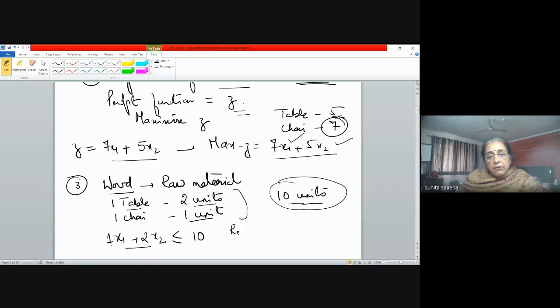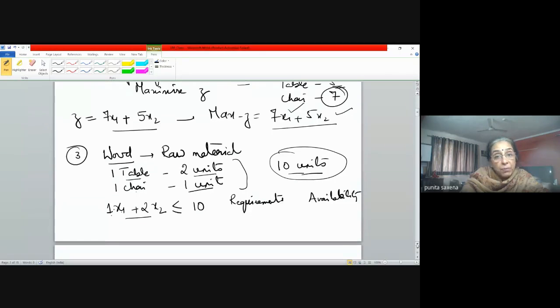So basically, on one hand we have the requirements, and on the other hand we have the availability of the resources. These are the resources that we are talking of, and resources could be in terms of anything. It could be raw material, it could even be manpower. So this is not an equation now, this becomes an inequality.